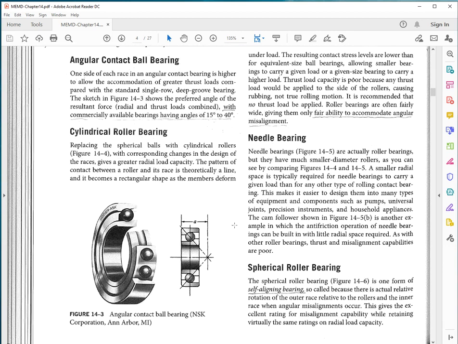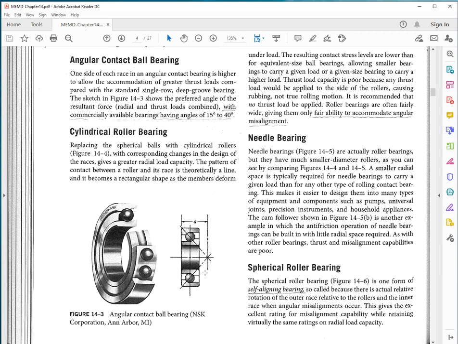The bearings with angular contact, on one hand you can separate them, that is the inner race and the outer race. Usually the inner race is assembled with the shaft, the outer race is on the housing, and they are used in pairs for that reason, and they have the ability to carry more thrust load than the standard Conrad bearings.